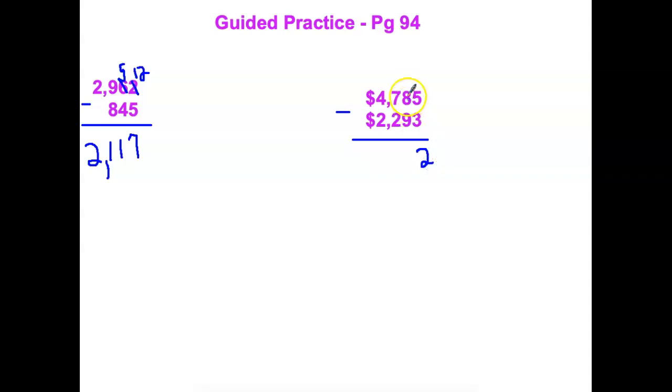Now, in my tens column, 8 tens minus 9 tens, I can't do 8 minus 9. So I have to go over to my hundreds column, and I'm going to take one of my hundreds and regroup it into my tens. So if I take one of these, that becomes 6. And I'm going to take that and make it 10 tens. Well, if I have 10 tens plus 8 tens, I have 18 tens. Well, if I take 18 tens minus 9 tens, then I have 9.